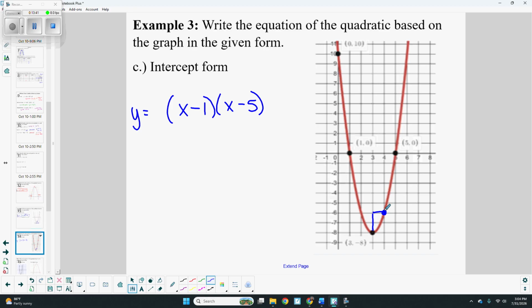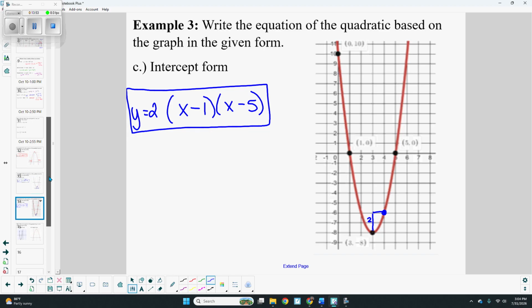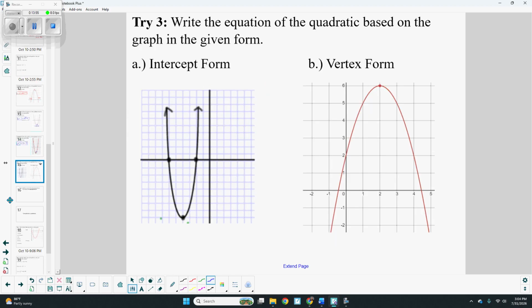So here, going over 1, it actually went up by 2. So the a value in this case is 2. Here's 2 for you to try. You can pause. The answers are posted in our Google Classroom in the blank notes.